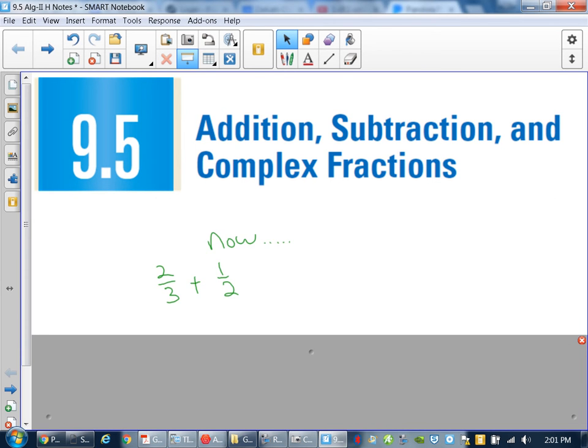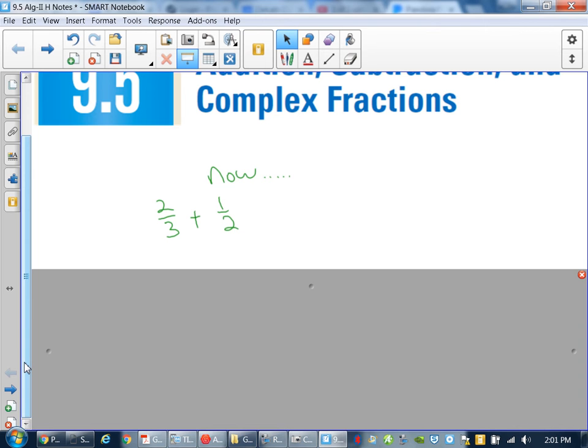So when we talk about having a common denominator, there's a bunch of ways of going about doing this. When you have something very simple, as 2 and 3, the easiest way to get the common denominator is to multiply them together.